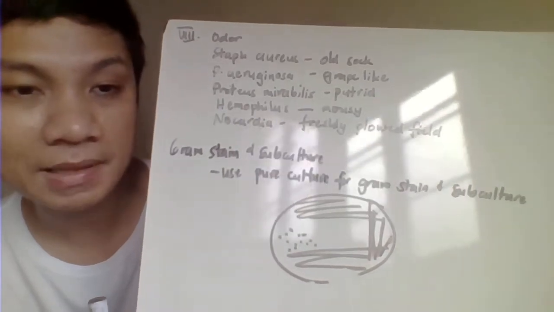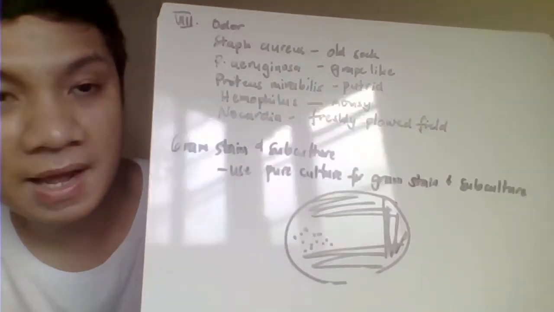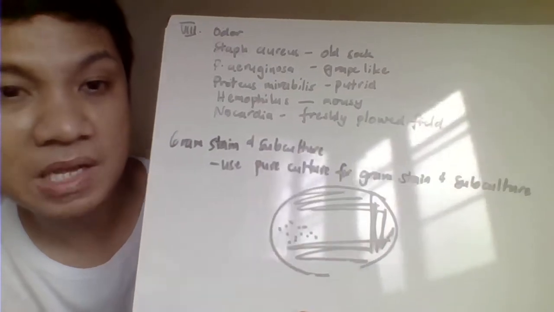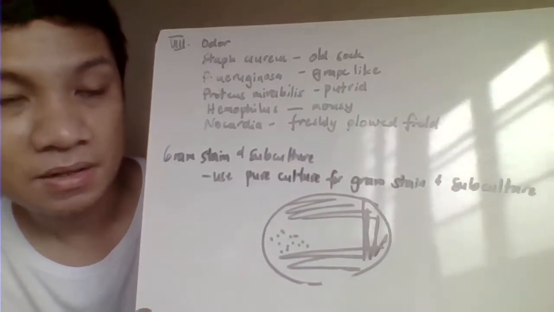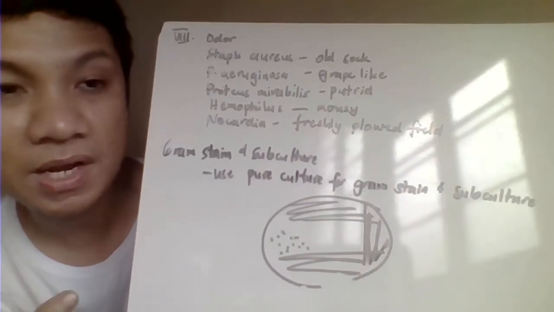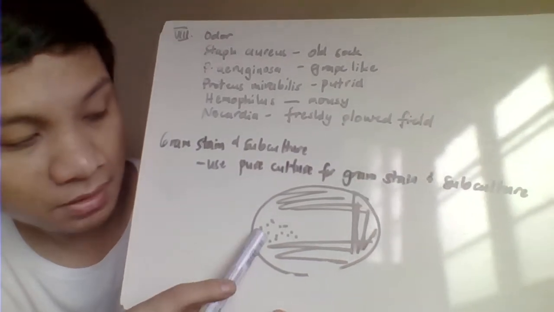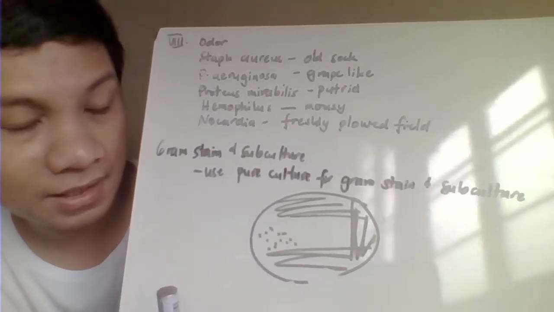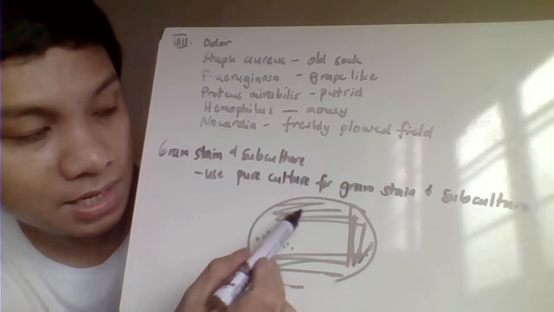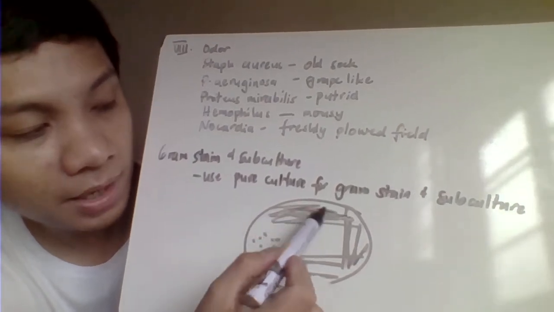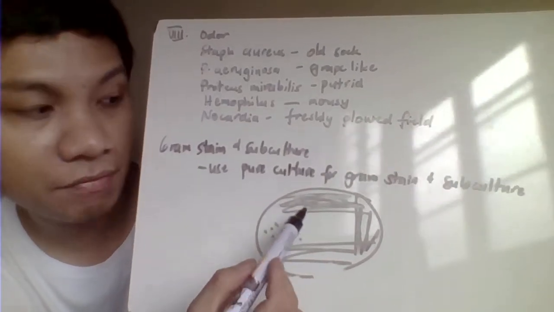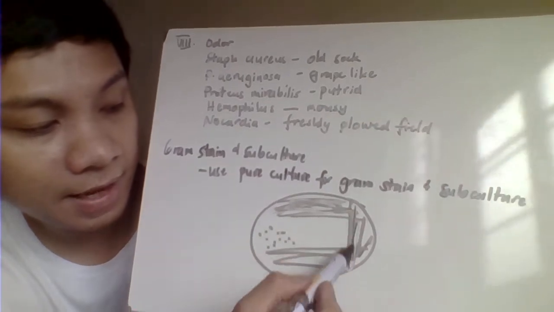So that it won't die, you transfer it again to its selective media. That's your subculturing. So from the original culture media, you need to pick your pure colony.